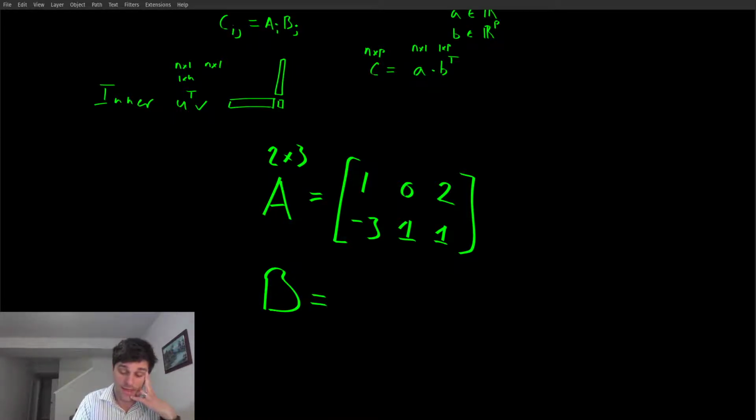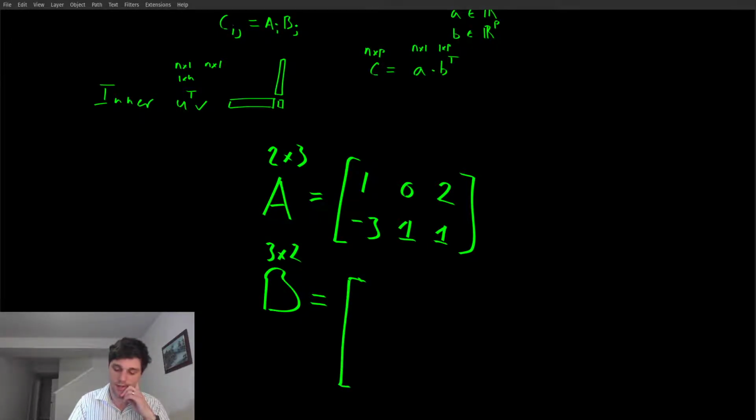Now if A is 2 by 3, what size should B be? Well, we know that it has to be 3 by something, right? The number of rows has to match the number of columns of A. Let's make it 3 by 2.